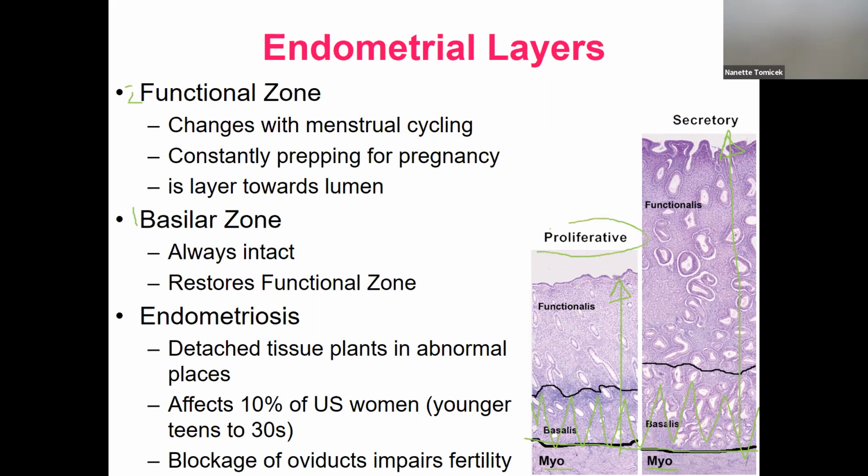It's either going through a proliferative growth phase to increase in size and build up and get ready for pregnancy, and then it's going to increase in size even more. And then it's that functional zone that will actually degrade and be shed as menstrual fluid if pregnancy does not occur.